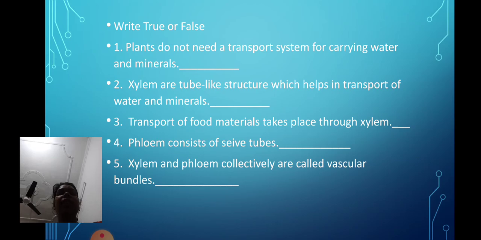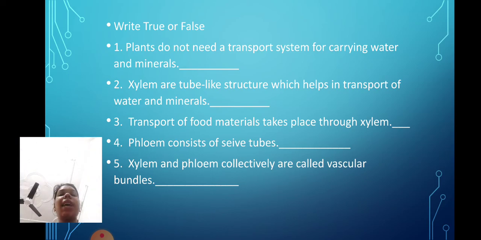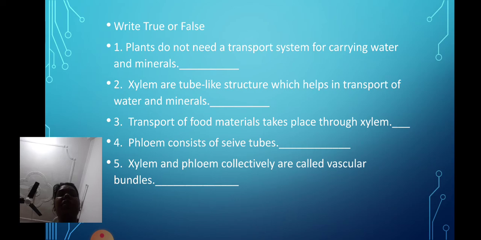Okay, true or false? Plants do not need a transport system for carrying water and minerals. Yes, it is false. Xylem are tube-like structures which help in transport of water and minerals. Yes, true.